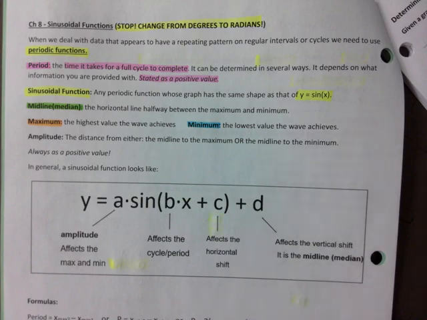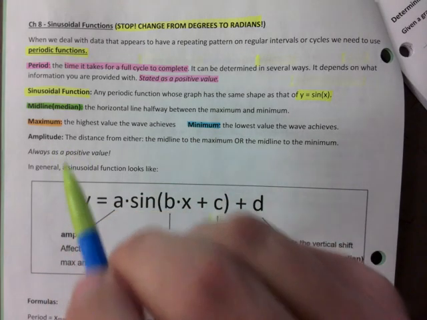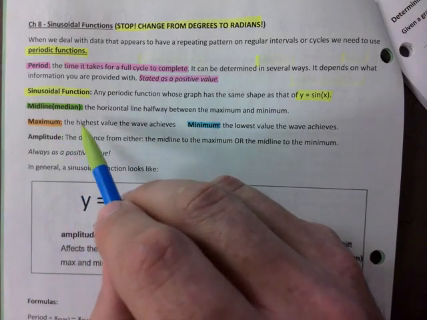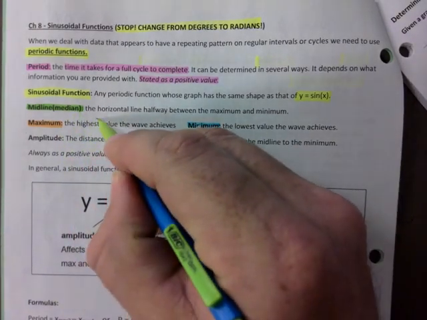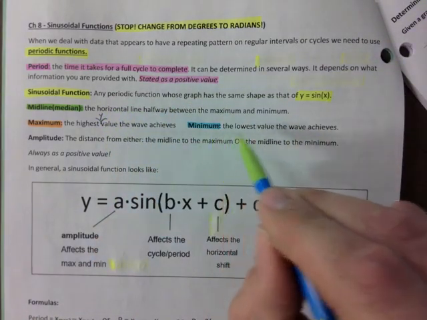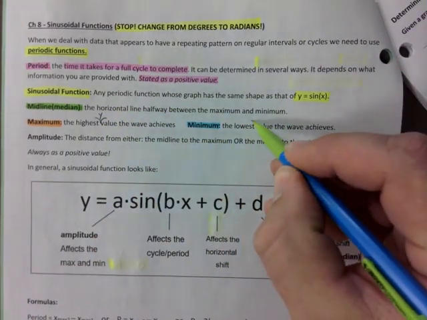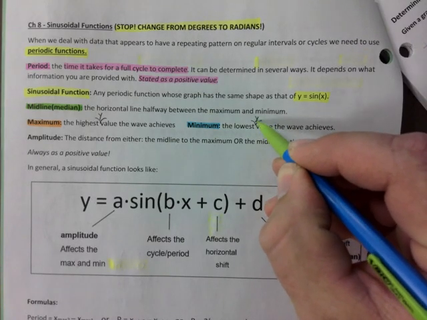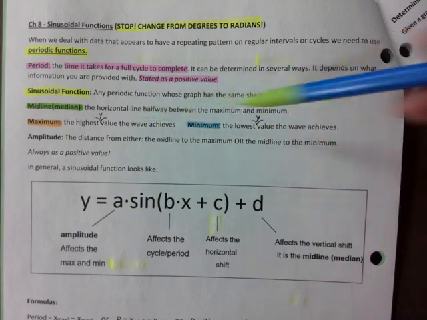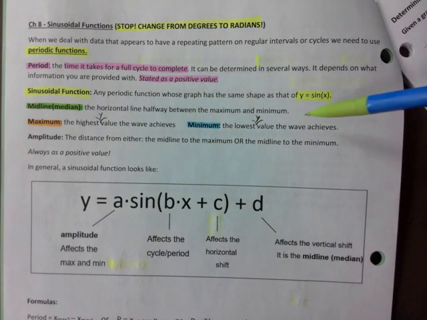And I thought I had changed this already, but I want to be specific, okay? Make sure you add this change. The maximum is the highest y value, okay, y value. The minimum is the lowest y value. I have to change that. There we go. The wave achieves. So we're talking about y values here.